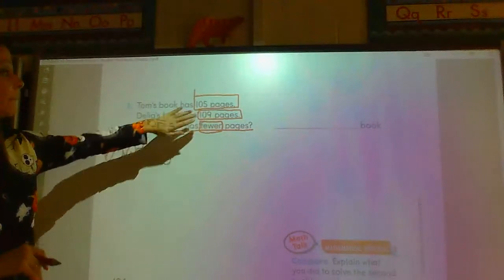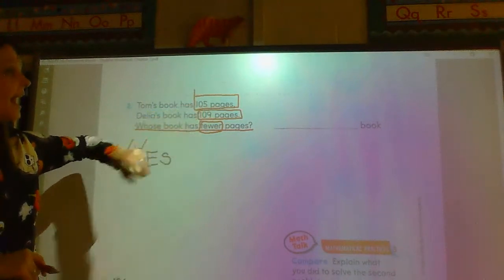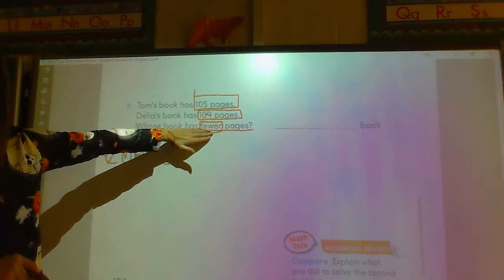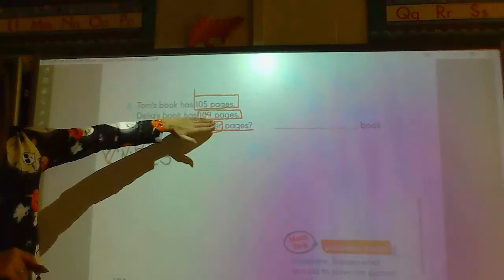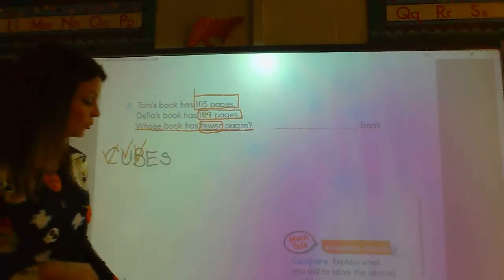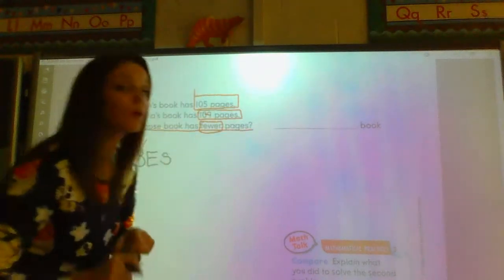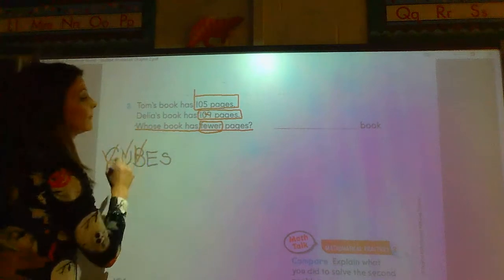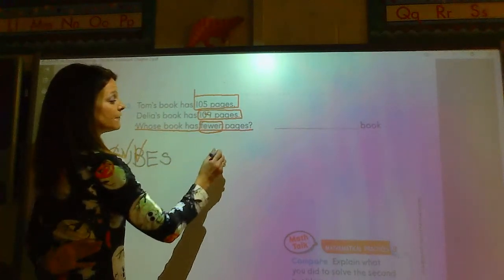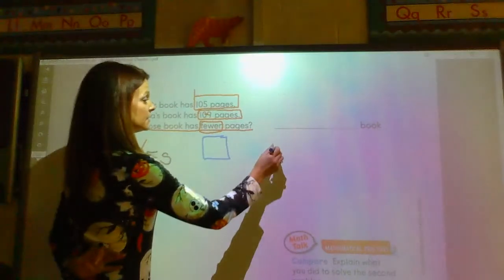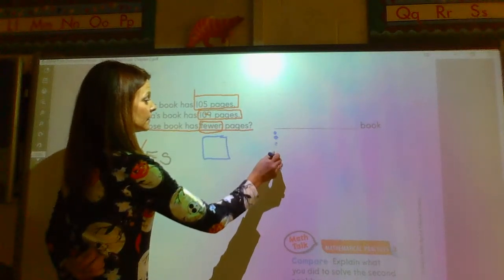I know I'm comparing pages. I need to find how many fewer. That's the key word that told me I'm comparing. Which one is fewer? So I'm looking for which one is less. So we're going to draw quick pictures. Tom's book, 105. So I've got my 100, no 10s, and 5 1s.